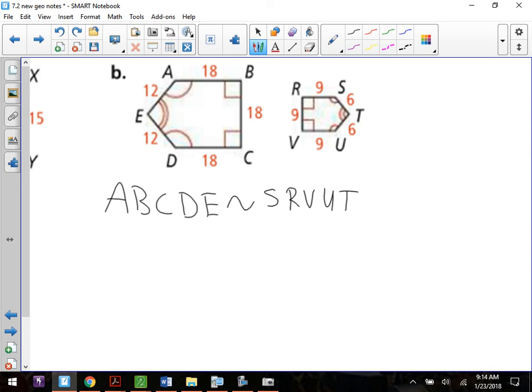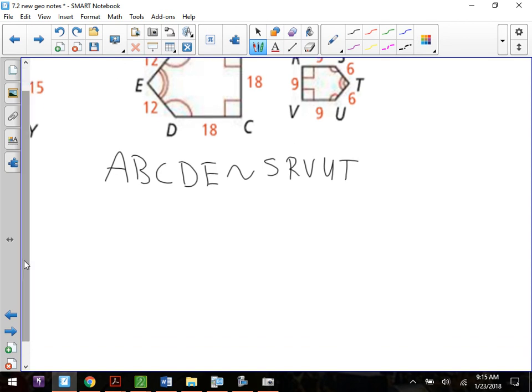If you keep that trick, guys, you're going to be really hard-pressed to flip-flop your diagrams around. So I'm just going to do letters first: AB, BC, CD, DE, AE, over RU, UT, ST.